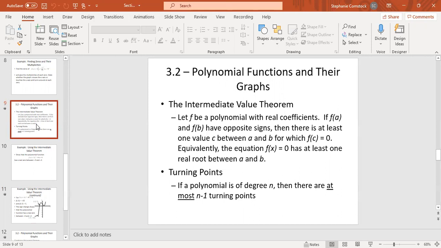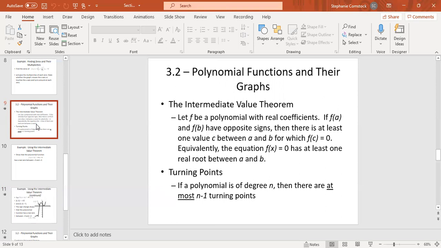So if n is 5, then I can have 1 less, which is 4. So I can have 4 hilltops or valley bottoms. Touch and turns count as those. Now then, it also says at most. It doesn't mean that I have to use them all. It just says that's how many there could be.